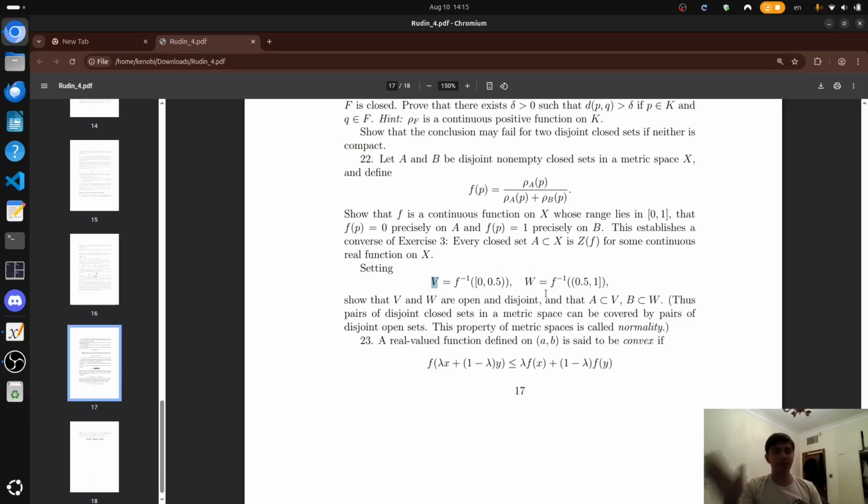And we know that they're disjoint because 0.5 is separating them. You can prove that by taking their complements.